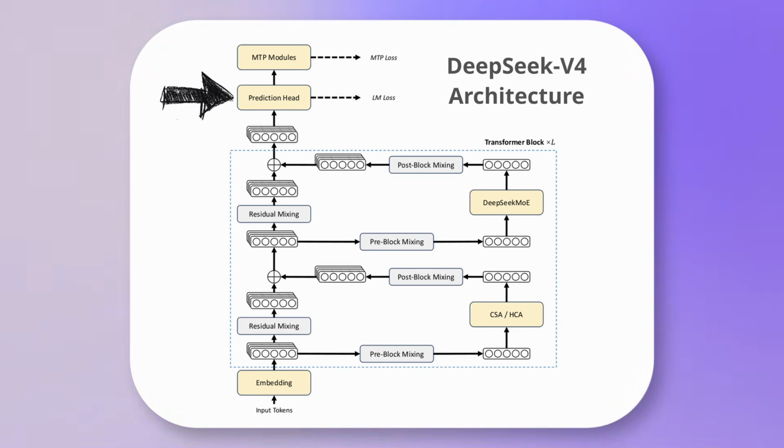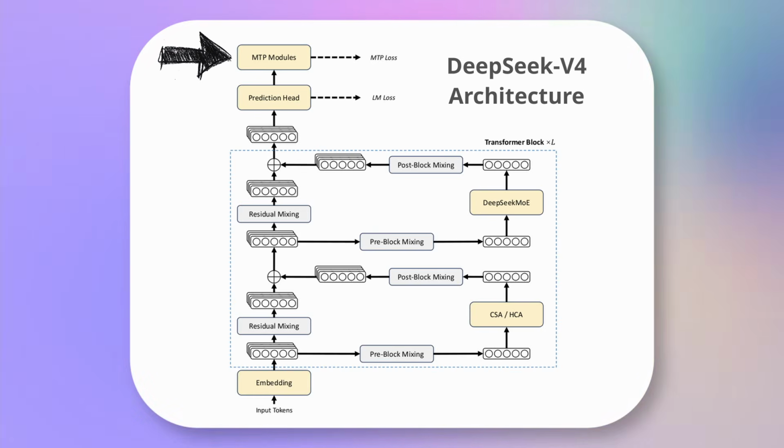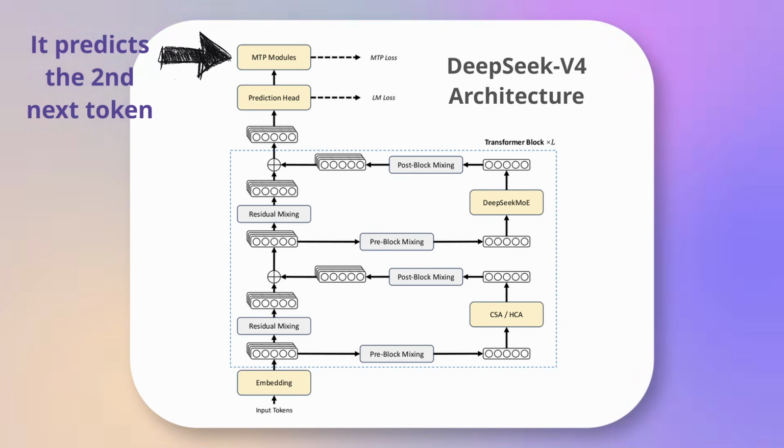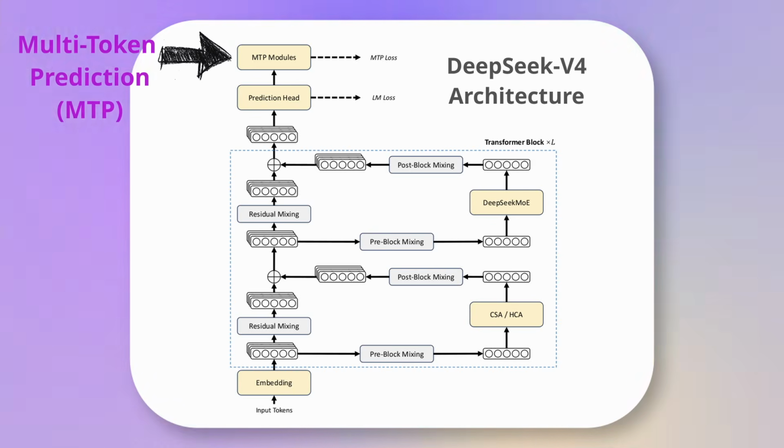Once we have the prediction for the next token, the model goes a step further. It tries to predict the token after that. This is our final step, the multi-token prediction, or MTP, module. Normally, a language model predicts only the next token. With MTP, the model is trained to predict the next 2 tokens simultaneously.